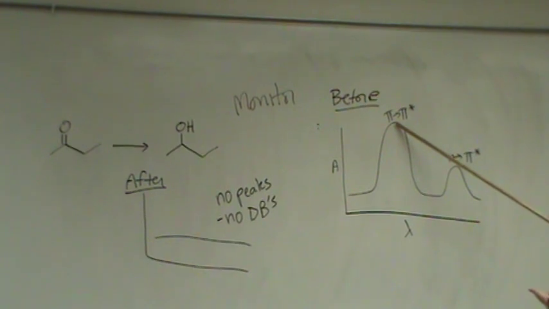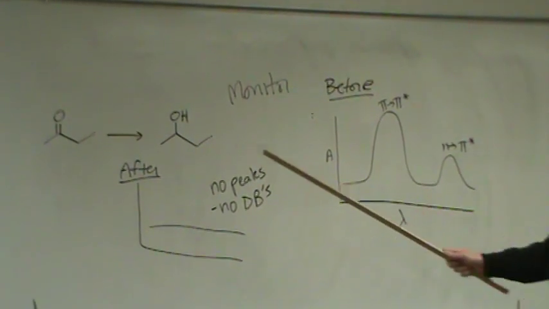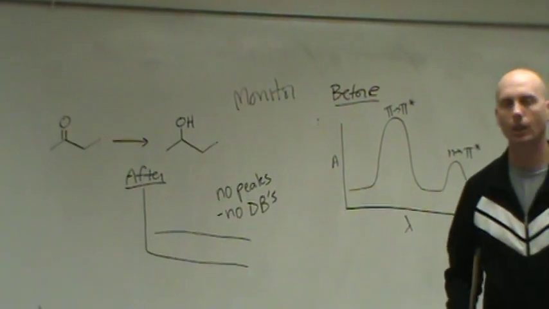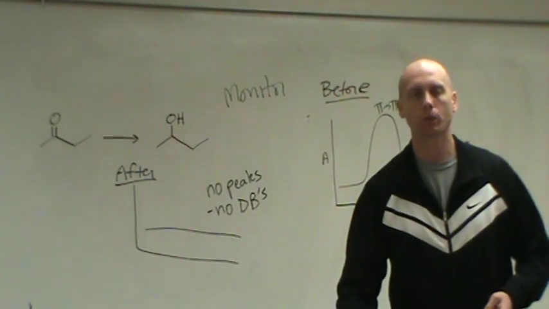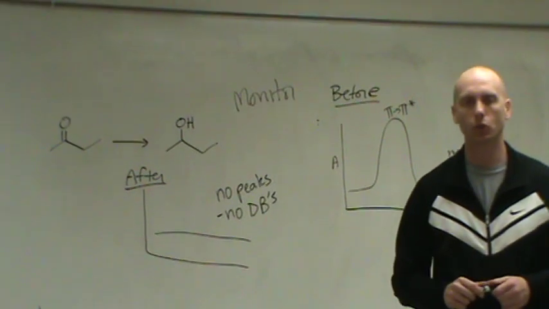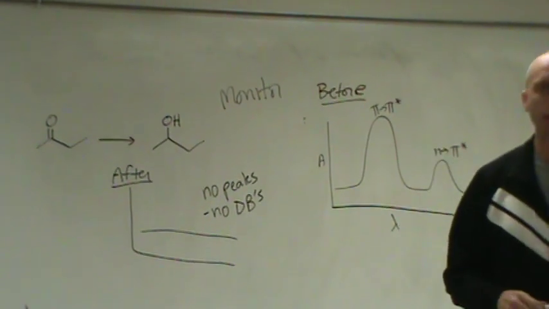These peaks would do what? Get smaller, smaller, smaller, smaller. How would I know when I'm done? When I would see a flat line. Okay? We'll look at more monitoring reactions when we talk about other spectroscopies, but this is a neat little introduction. So we will stop here for today.